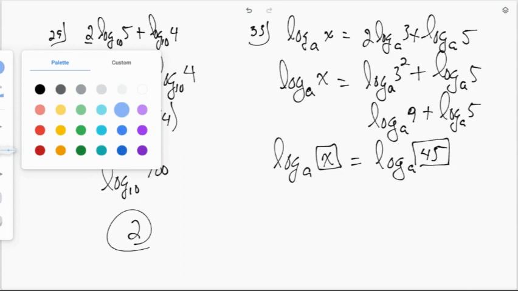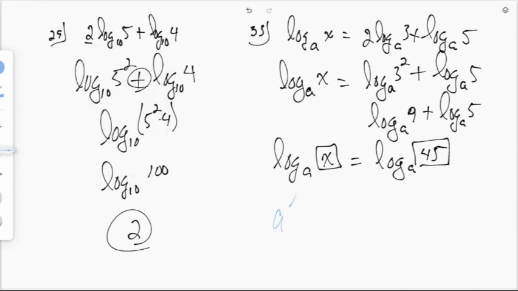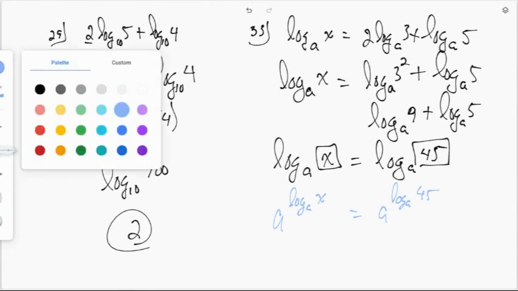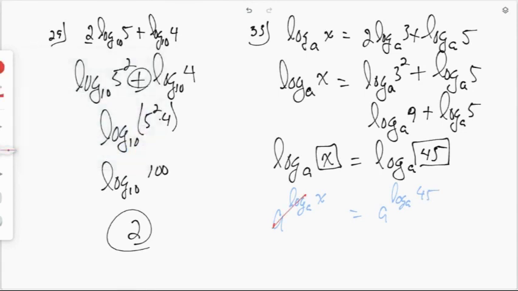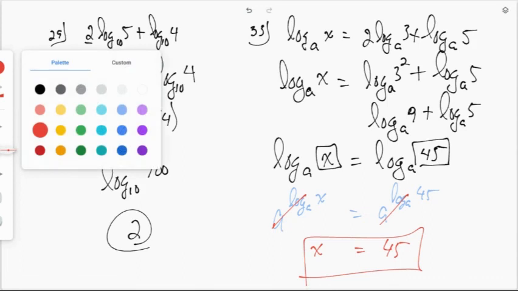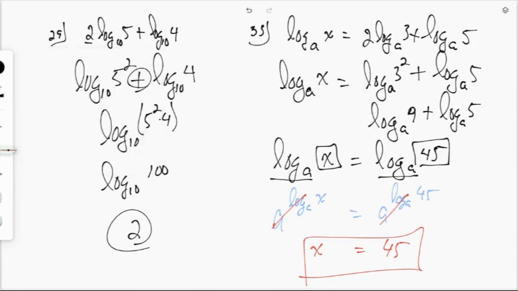So if I'm going to actually take those and raise A to the log base A of x equals A to the log base A of 45. And then by our definition of log, we know that those are inverses, so they cancel out. And therefore x equals 45. That's technically the way we do it. But for most of us, the way we're going to do all this work is going to say, okay, once we get it to be log base A on both sides, we know they cancel out. The arguments have to be the same.